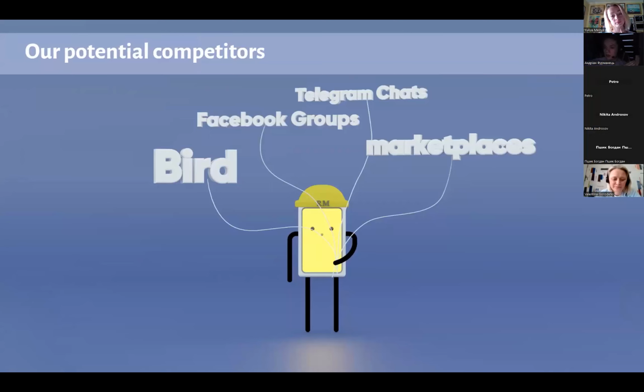We analyzed the market before starting the project and it defined two main groups: marketplaces like OLX and Bird, and the second group is social networks such as Facebook groups or Telegram chats. None of these platforms provides the same set of functionality that we do. So in fact, we will combine these two types in one application.